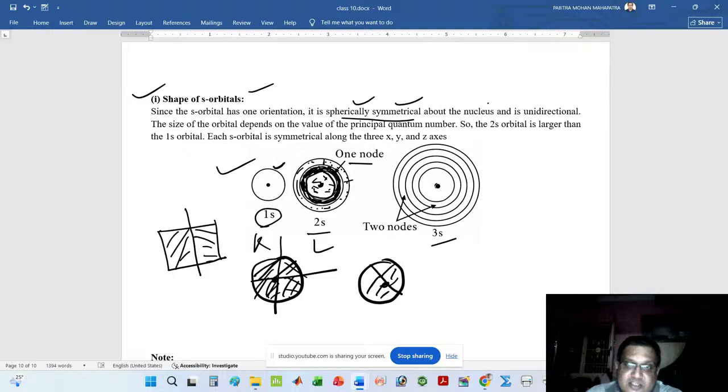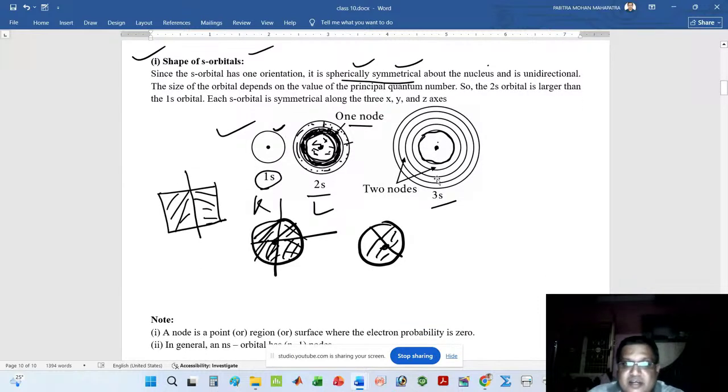Let me explain about the 3s orbital. Look at that. This is the nucleus. This is said to be 1s. Here only the 1s electron is present. Next, this is the node. Here no electron will be found. Next, this space is for 2s. Look at the picture.